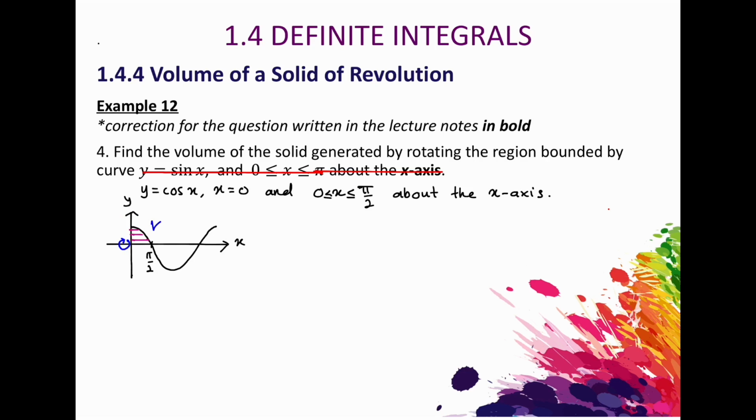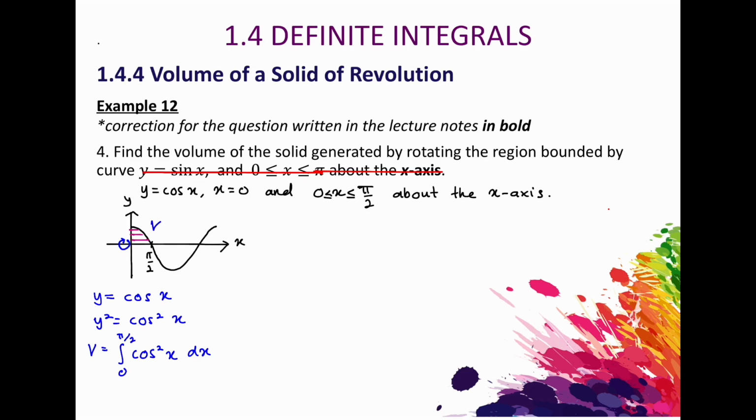Before we proceed, we need to express y squared in terms of x. What we have now is y equals cos x, so y squared is equal to cos squared x. So if we want to find V, we have to integrate cos squared x dx from 0 up to pi over 2.